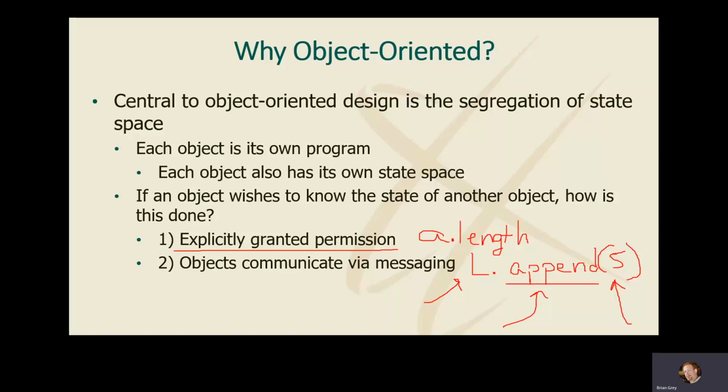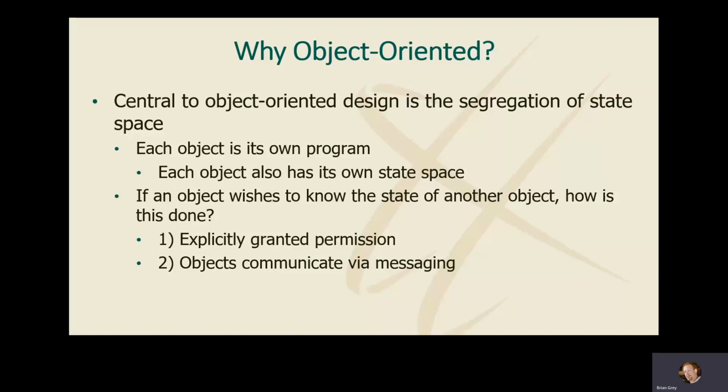There is a specific methodology that allows you to do it, right? And it is decided at design and implementation time. If one of these two methods is not provided, you can't get to the information. What this does is prevent unauthorized access across different state spaces, right? I can't see inside of another object.